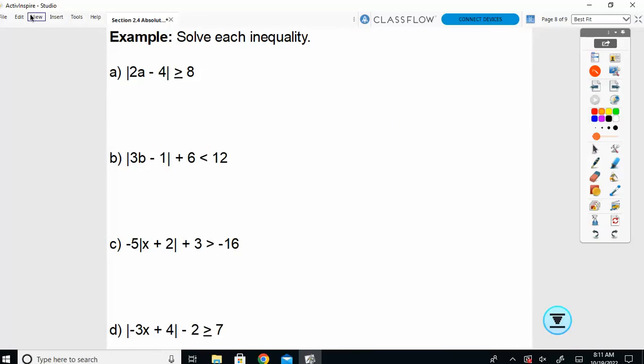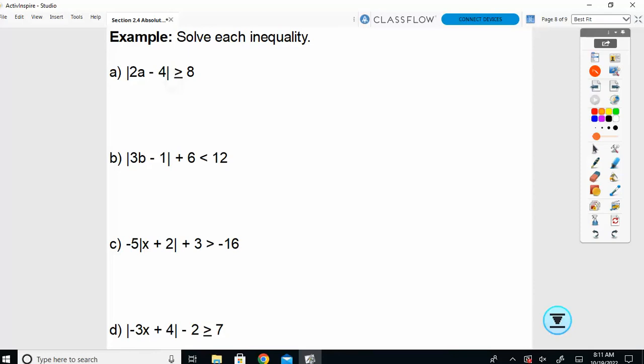So let's start looking at some inequalities. So yesterday we had our rules. We wrote down a rule for less than and a rule for greater than. And we talked about greater or less than.